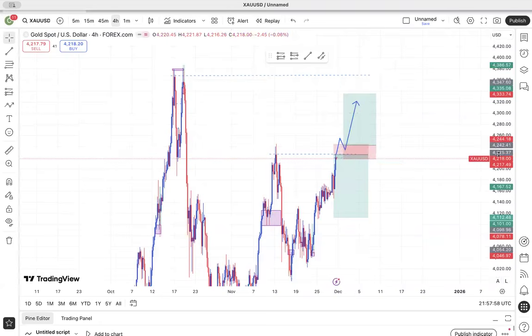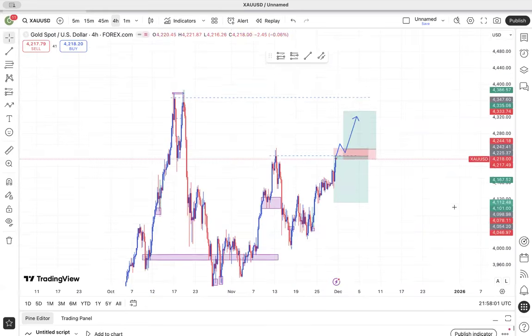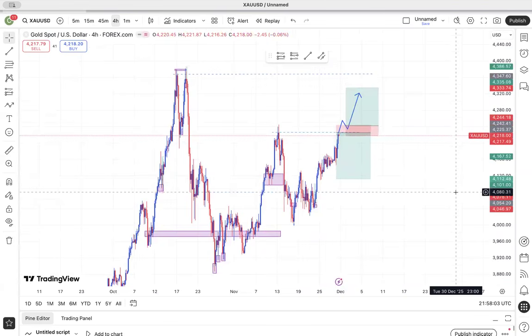So this is what I'm going to be expecting to happen first, which means I'm expecting a case scenario where this plays out first. In case we have another bias that is not this, once we see what plays out next, that will determine what we're going to do. But if the market continues to push down price, if the market opens, this is a perfect area to take a sell from.